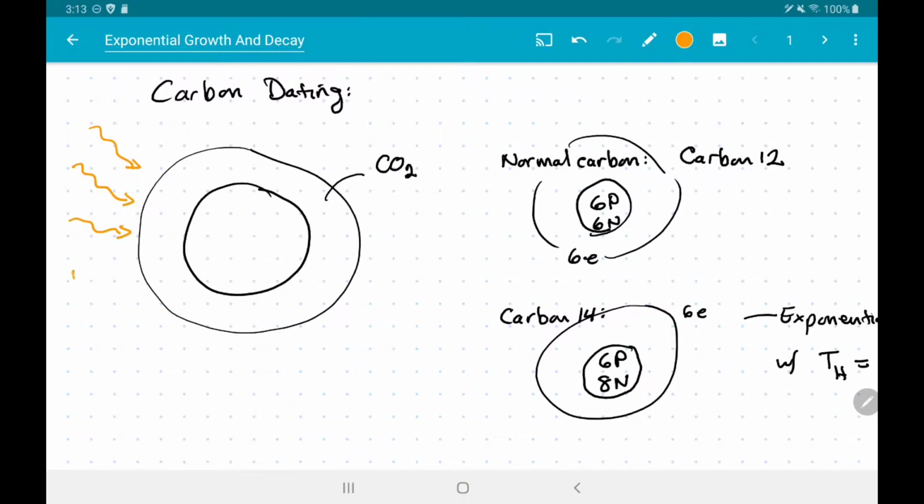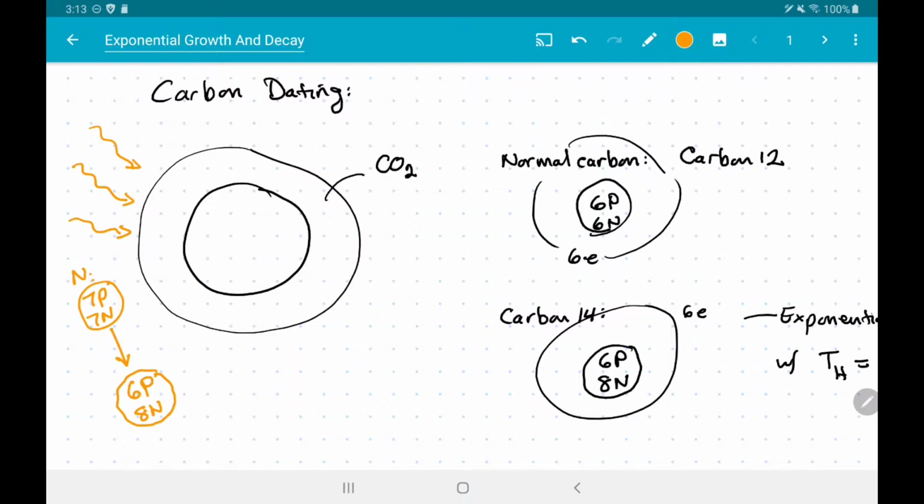So normal nitrogen has 7 protons and 7 neutrons, but these high energy cosmic rays can come in and interact with a proton and turn it into a neutron. So an ordinary nitrogen nucleus can be turned into carbon-14.